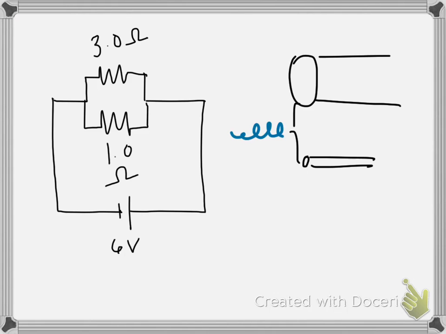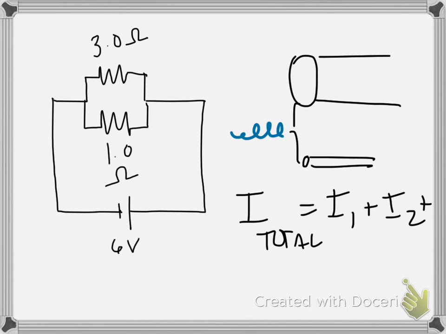So the equivalent resistance over the whole circuit is 1 over R equivalent equals 1 over R1 plus 1 over R2, etc. But the current is actually a sum. So the total current in the circuit is I1 plus I2 plus I3, etc., for as many resistors as we have, because it is going to be different in each one.